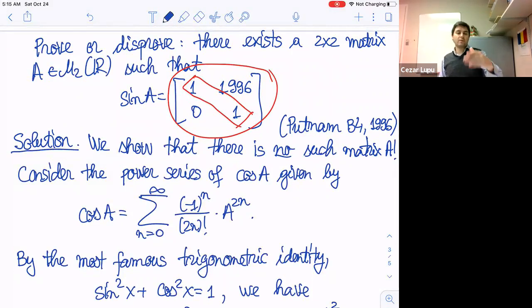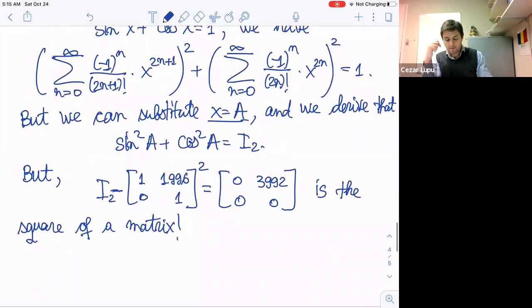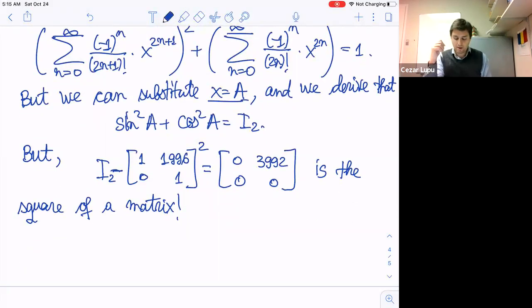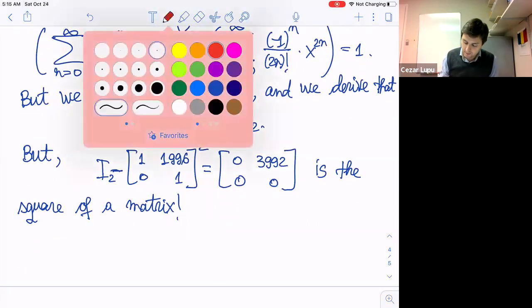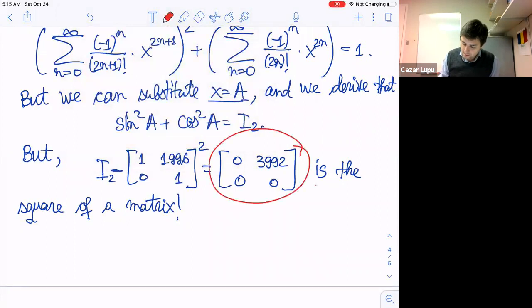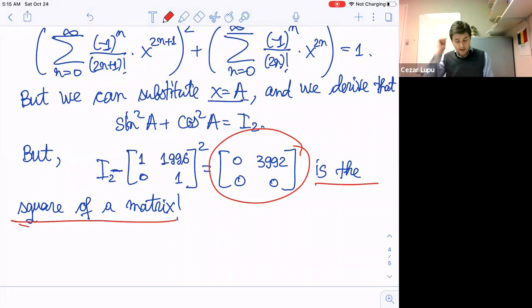Suppose that there exists a matrix such that sine of A is equal to that, and then we square it. Since sine squared of A plus cosine squared of A is the identity, it follows in the end that this matrix is the square of a matrix. So that's what we know, that this guy here is the square of a matrix. All right, so let's just say that.